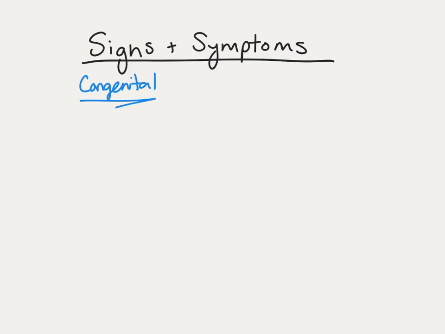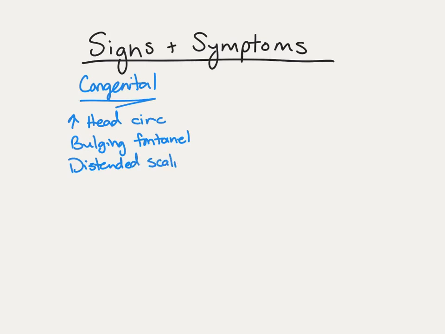Remember, their cranium will still be flexible and expandable because of the sutures and the fontanelles that are still in place. So we'll see an increase in head circumference, bulging fontanelle, distended scalp veins, and the sun-setting eyes.